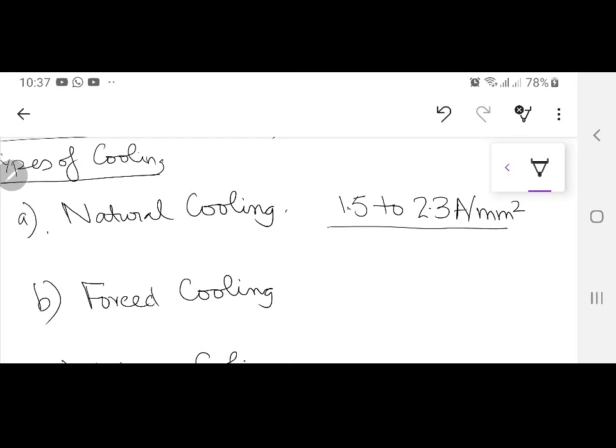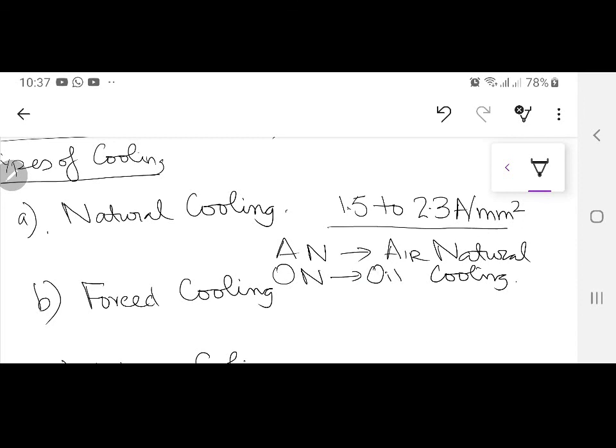And for this natural cooling there are some terms used. One is called AN. AN stands for air natural cooling. Then there is ON, which means oil natural cooling.